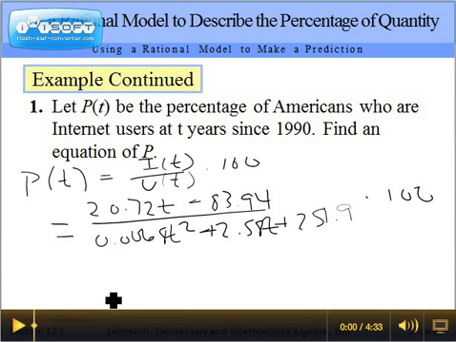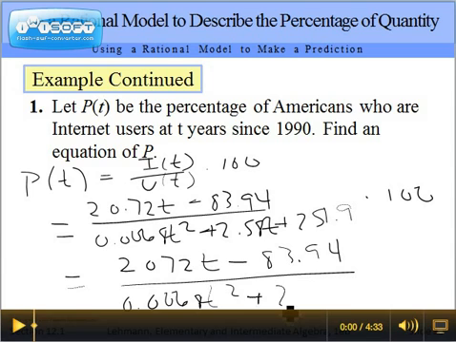So this is equal to 2072t minus 8394 all over 0.0068t squared plus 2.58t plus 251.9. So P of t is the bottom equation.